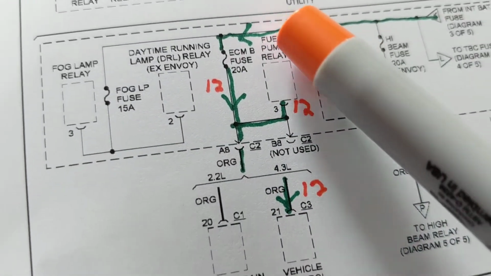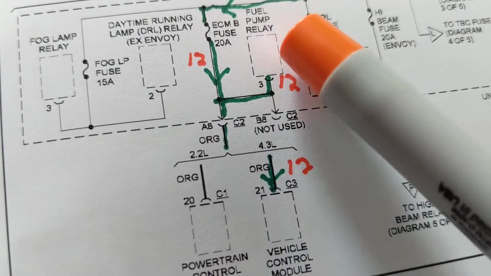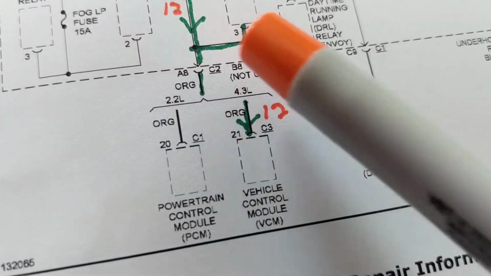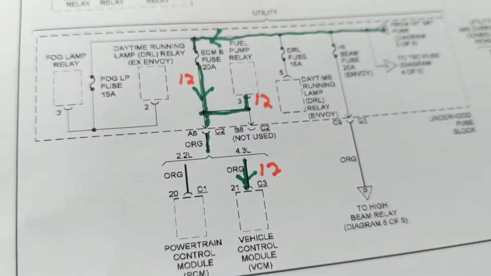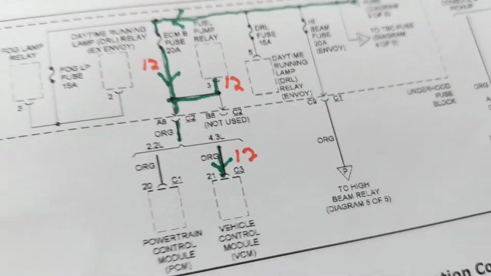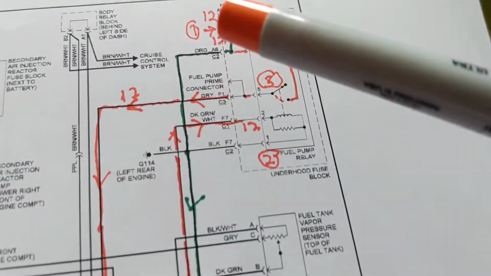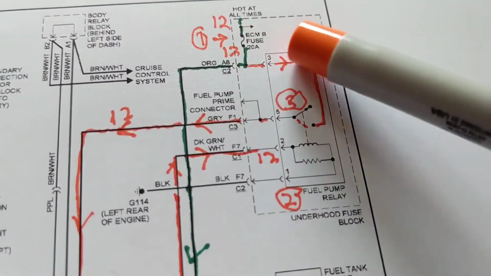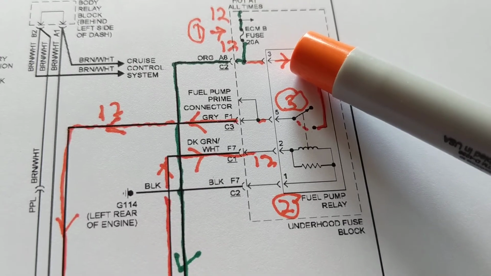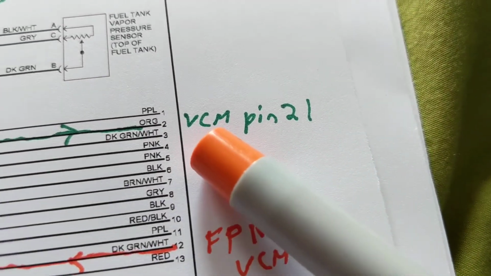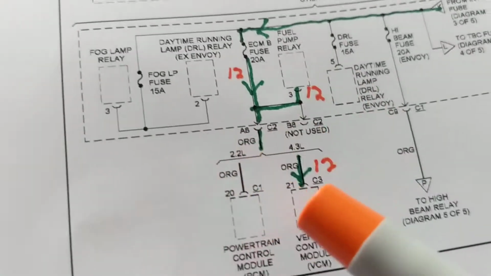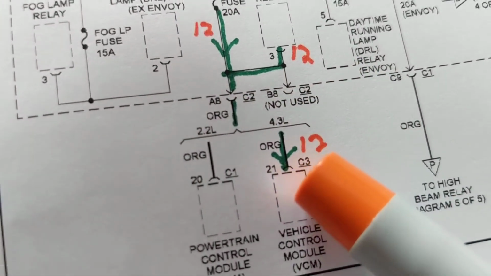So therefore, this fuse is feeding the fuel pump relay, but also is giving B plus to the computer to turn on the computer. Let's go to that one. Let's see, when we spoke about it before. We said one side goes to the fuel pump relay at 3, and the other side, follow the green, goes to pin 21 of the computer. Pin 21 of the computer.